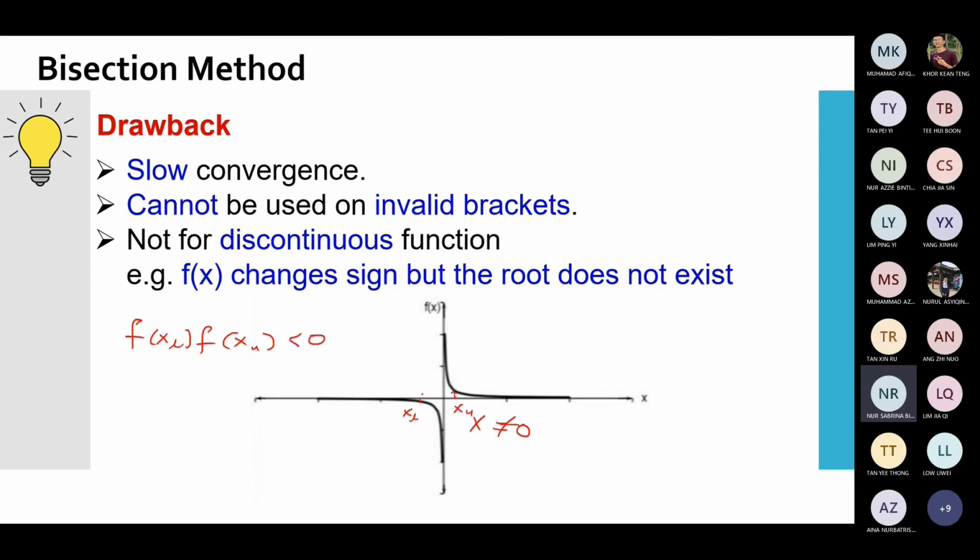However, this graph is discontinuous at the point where x equals 0. So what happens? The system will be undefined, so you cannot find the root of this equation. Is that clear, guys?